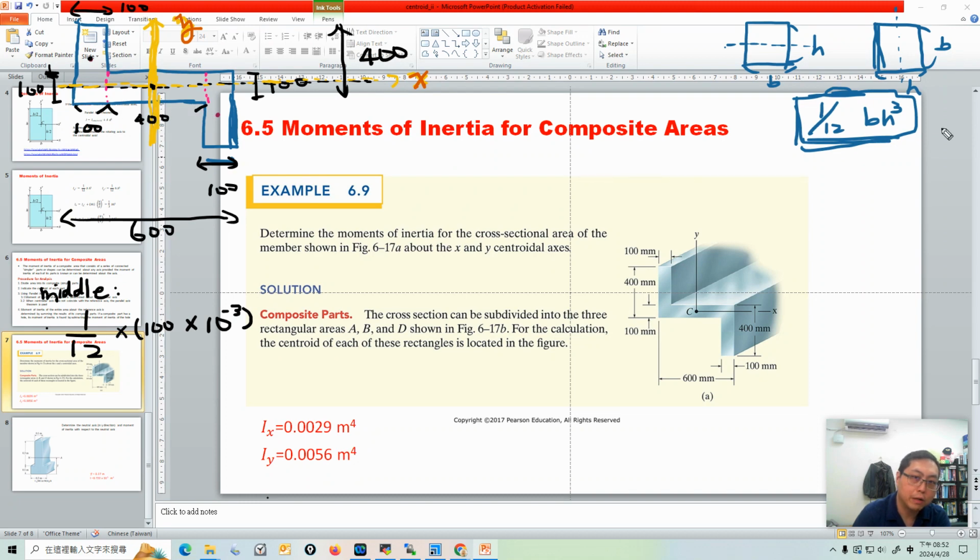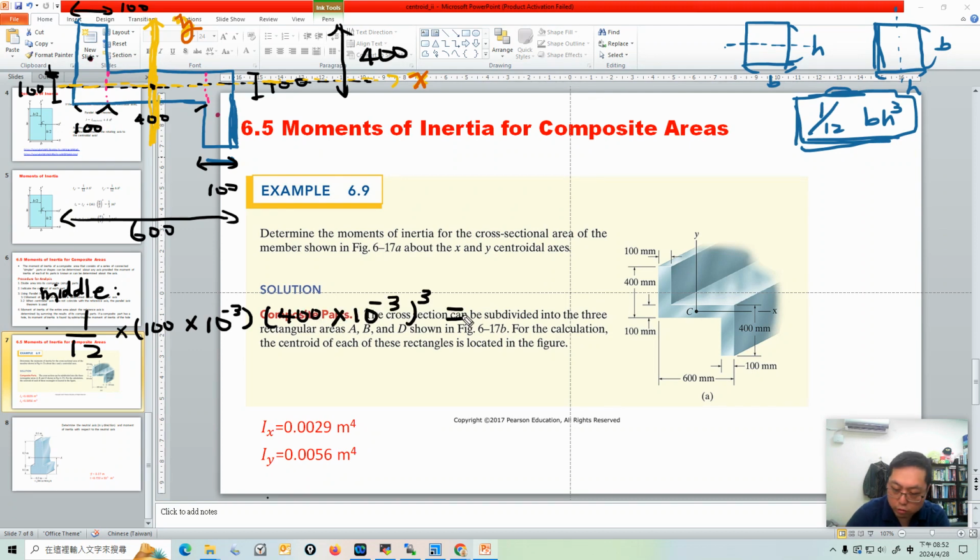It's different, so look at this formula in detail and tell the difference. It's all about which rotation axis you are talking about. We are dealing with the y-axis, so B is 100 millimeter and H is 400 millimeter, cubed.